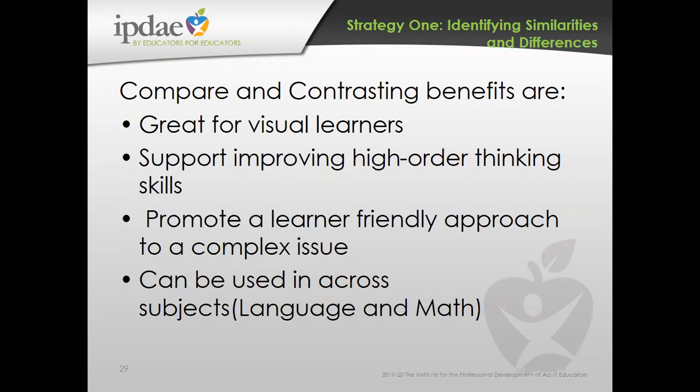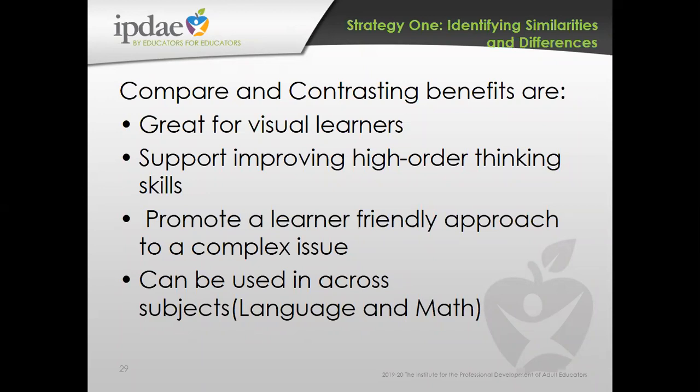We learn best when we attend workshops with other practitioners, and we think and compare what we do to what somebody else does, and we share best practices back and forth, and we take ideas and we go and implement. The same thing with the adult learner. Compare and contrast is great for visual learners. Most adult learners are visual learners, tactile learners, and kinesthetic learners. Seldom are they solely auditory learners.